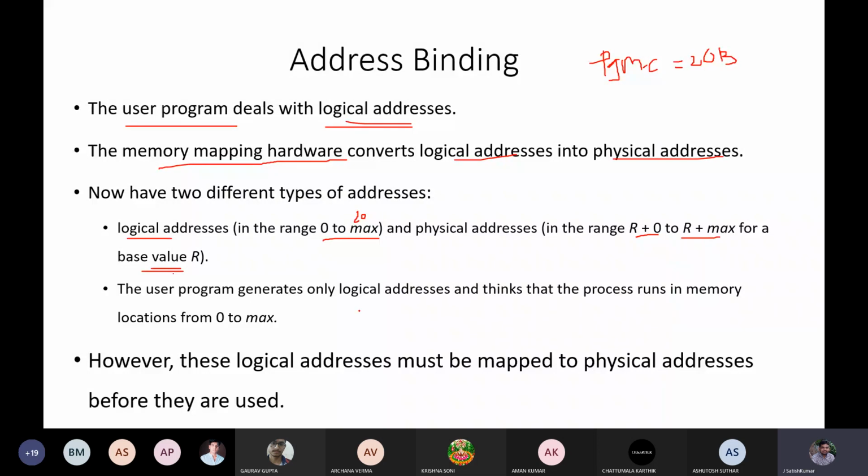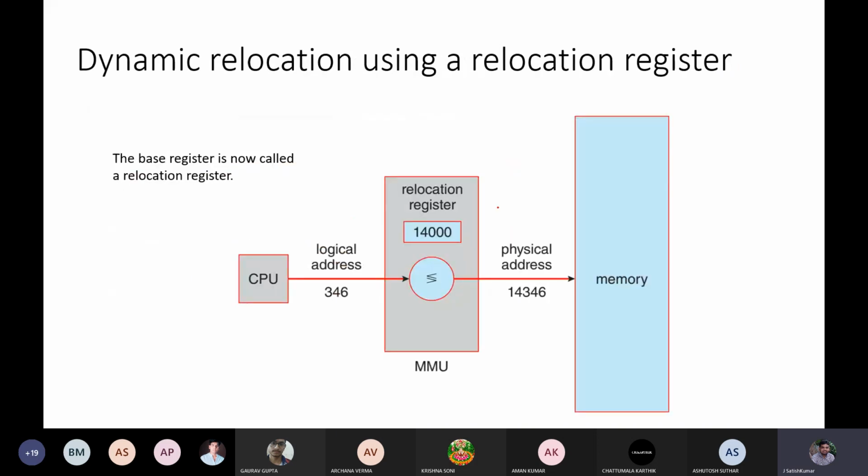So the user program generates only logical addresses. Think that the process runs from 0 to max, but this logical address must be mapped to the physical address before it is used. For example, dynamic relocation using a relocation register works simply like this. Suppose the base register, also called the relocation register, is 14000.